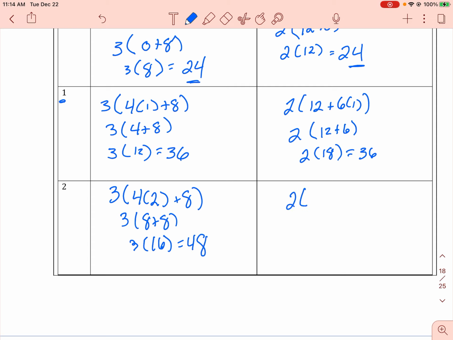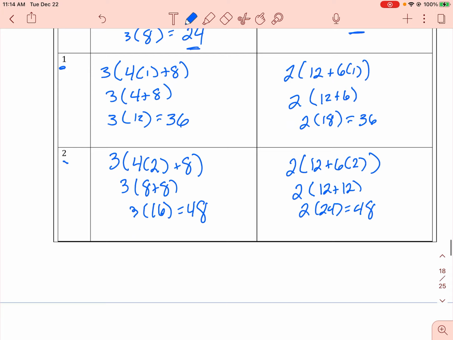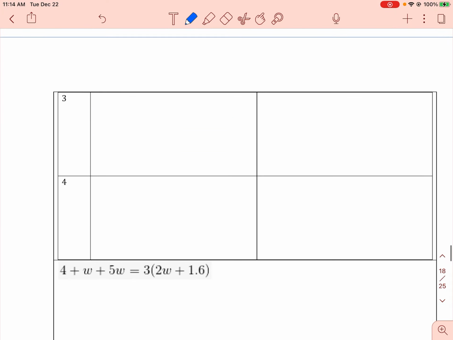So let's see if I get 48 over here when I substitute 2 in for s. 12 plus 12 is 24. 48 on both sides.